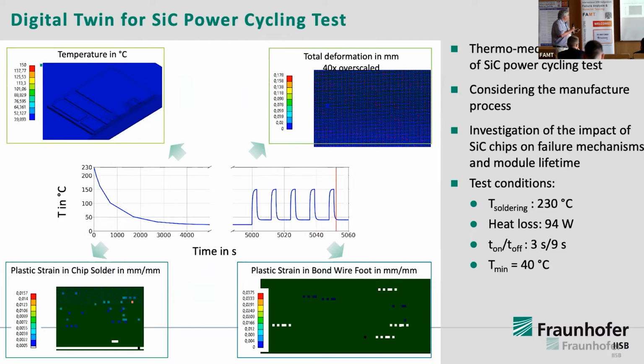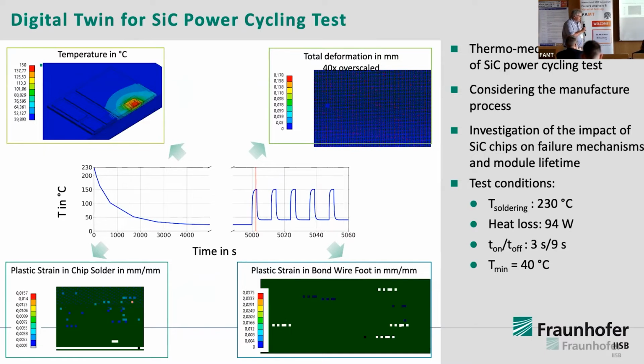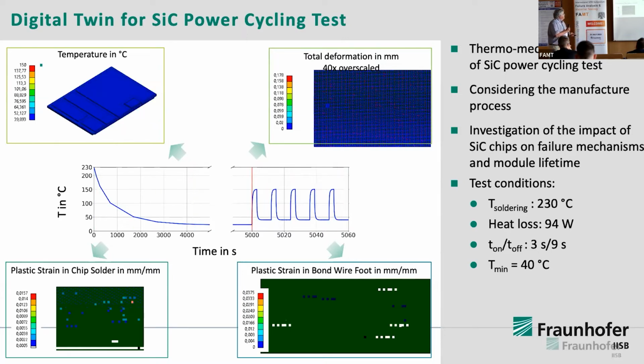And in the lower picture, you should see how the plastic strain in the wire bond and the plastic strain in the solder layer is changing with each cycle, and the accumulation of this plastic strain with each cycle, it's accumulated until the device fails, the solder layer fails, until the wire bond is failing.